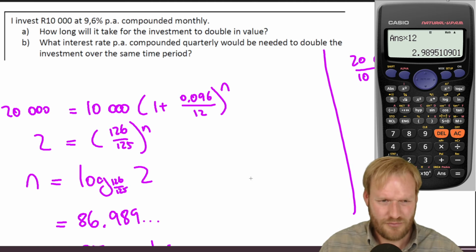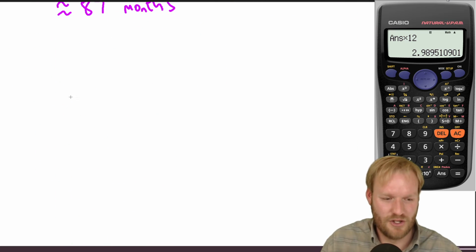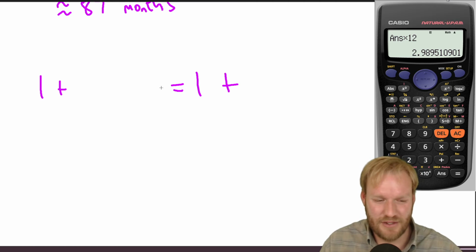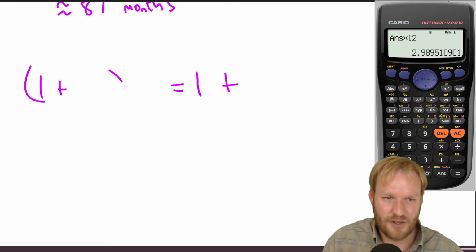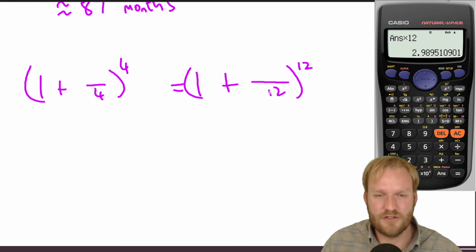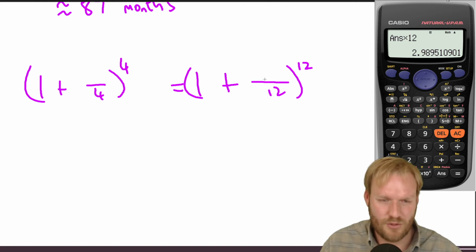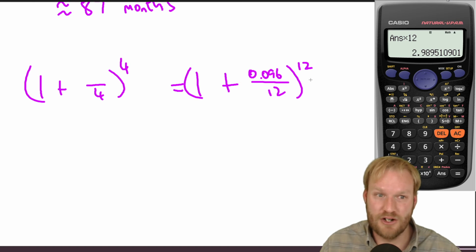So, one way would be to think, well, let's use that formula again, but we can use our effective interest rate formula. So, 1 plus equals 1 plus that one there, and now we're dealing with our interest rate over 4 and our interest rate over 12, because that's our monthly. So what quarterly will be the same as monthly? Well, our monthly we know is 9.6%, so 0.096.